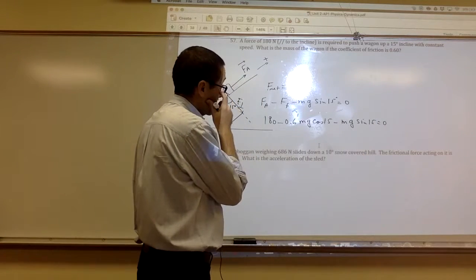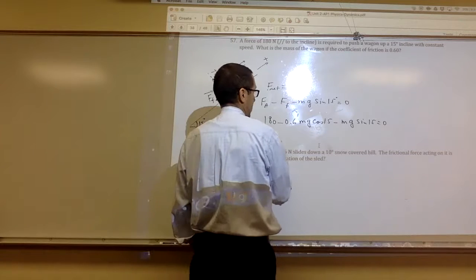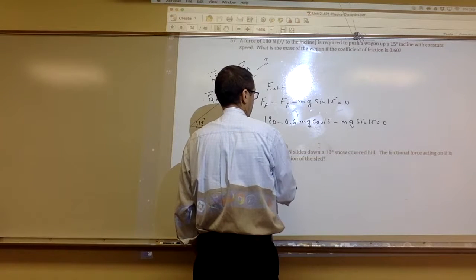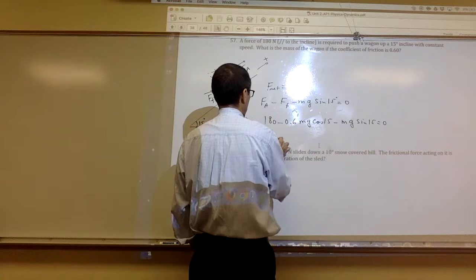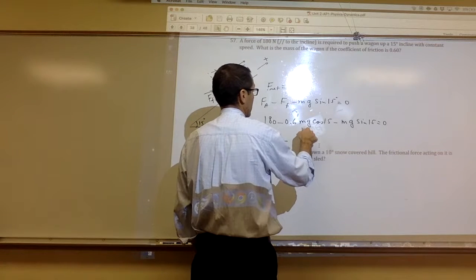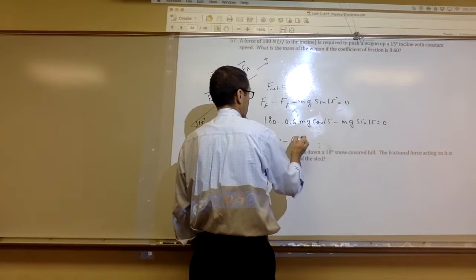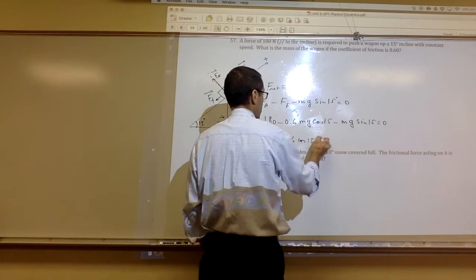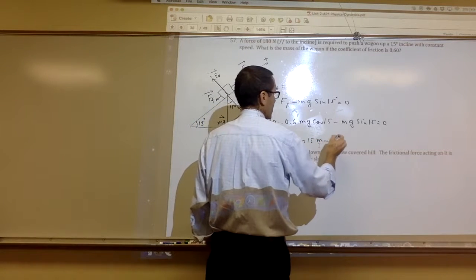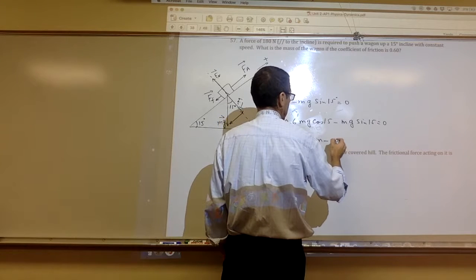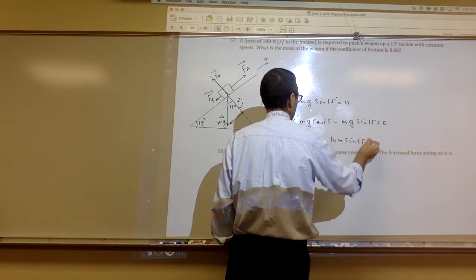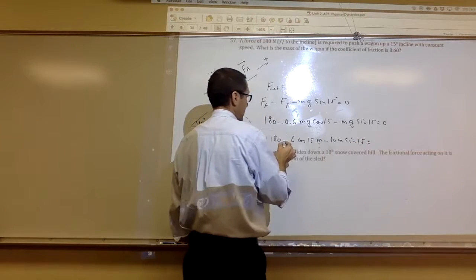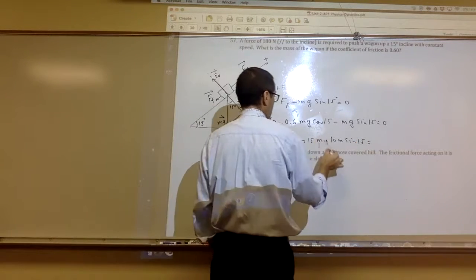So if we manipulate this a little bit, what should we get? So you have the mass. No, you don't have the mass. We're looking for the mass. So it's going to be 180 minus, now this is 10 times 0.6, so that's 6 cosine of 15 times m minus 10m sine of 15 equals 0. So maybe we can move, they can equal here, put a plus here.